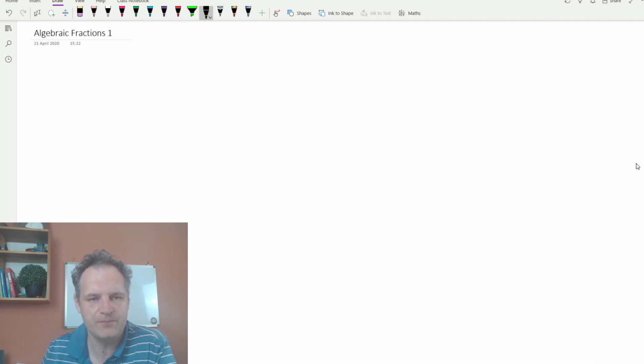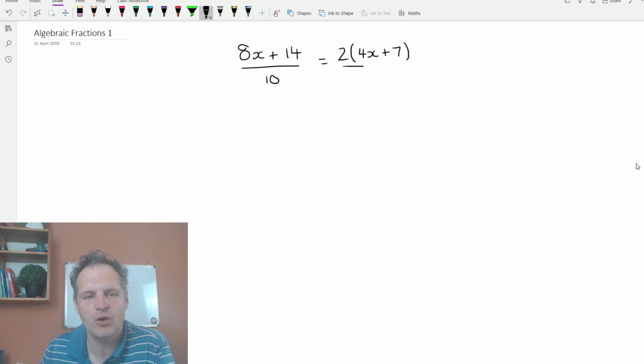So what we're looking to do, it might not be algebra on top and bottom. Sometimes it can be just a simple idea of 8x plus 14 all over 10. It can be as straightforward as this. So all we're doing here is taking 2 onto the outside, 4x plus 7 all over 10, but the 2 and the 10, you don't have to write it like this, but it might be easier to think of this as 2 times 5.